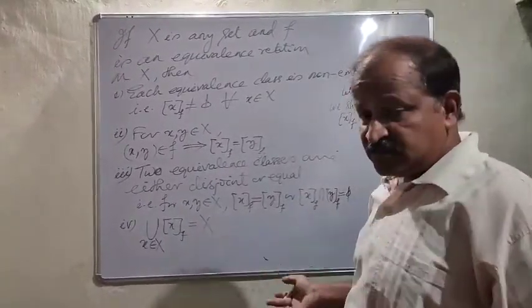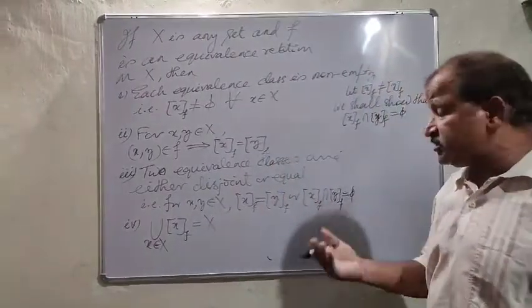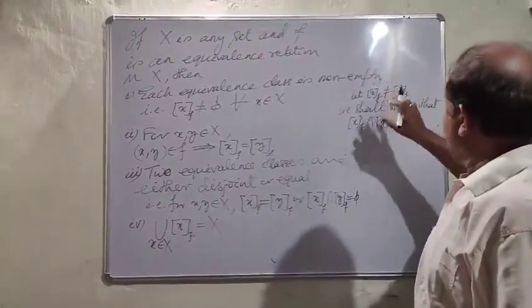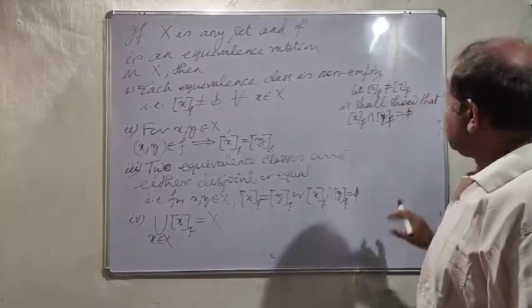They are either equal or disjoint. Suppose they are not equal, so we have to show that they are disjoint.